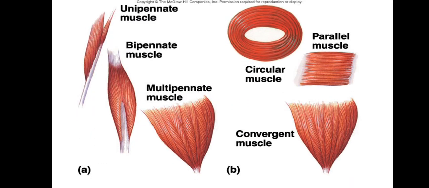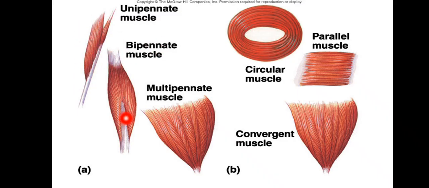Okay? Not just knowing about these pennate muscles, of course, there are a lot of muscles in the body. When we reach the conclusion of this entire system, you will know that we talk about a number of muscles in the body. I've already talked about these. Unipennate, you can see one tendon with muscles attached just on one side.